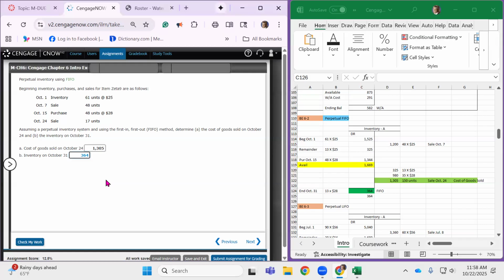And then to finish up, there are 35 at the $28 cost, 35 times $28, which is $980. When you add these two together, you get $1,305. $1,305 is the cost of goods sold on the 24th.